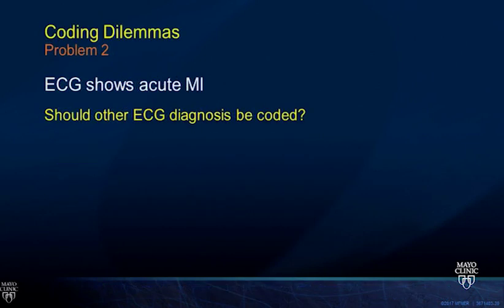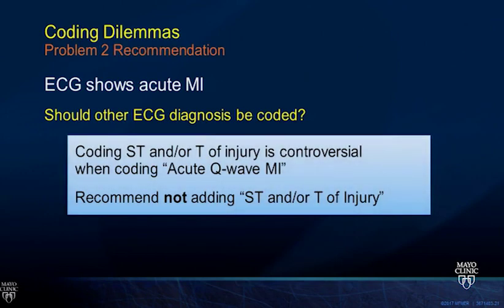Okay, another problem. The ECG shows an acute myocardial infarction, so you see Q waves. The question is, should other ECG diagnoses be coded? Well, certainly you want to code the rhythm and or the AV block, Mobitz 1 type of thing. But this type of thing comes up very frequently: should we code ischemia as well?